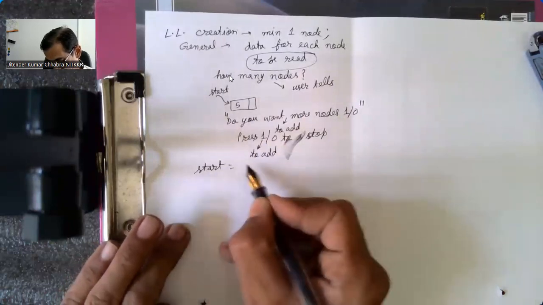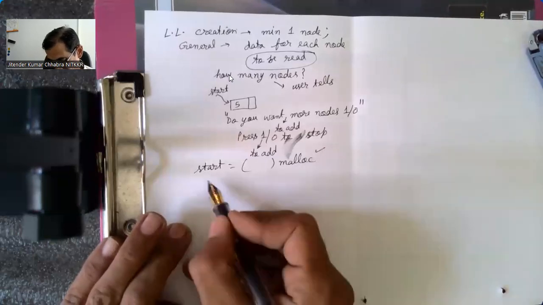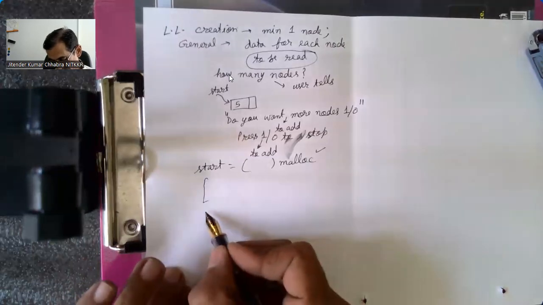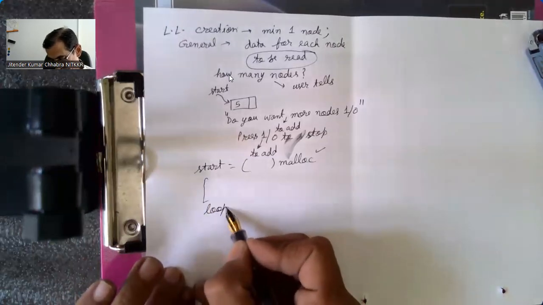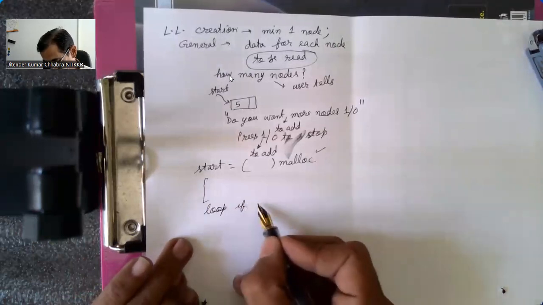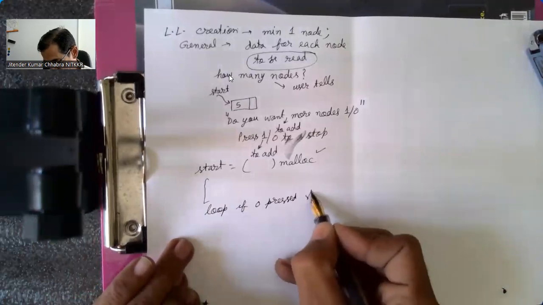Start equal to whatever malloc is done. This has to be done. The rest of the coding, you think of what to do. Then you should be able to loop, and if the user says 0, stop.